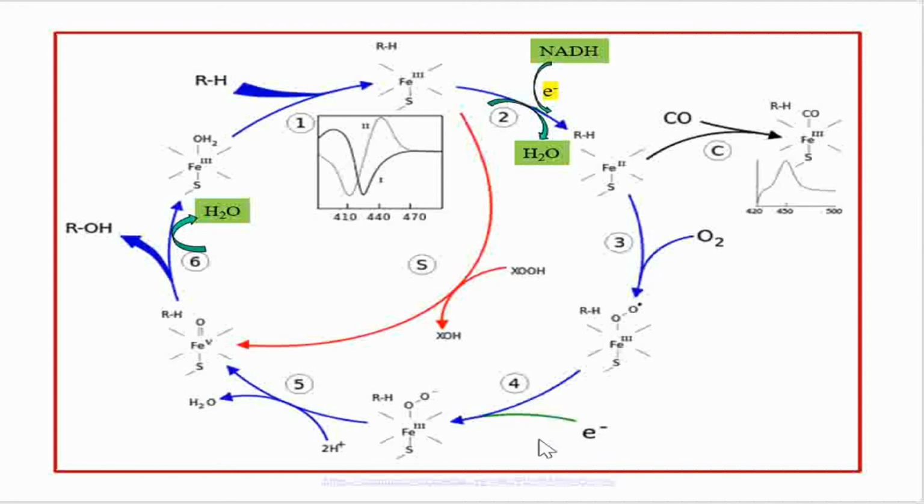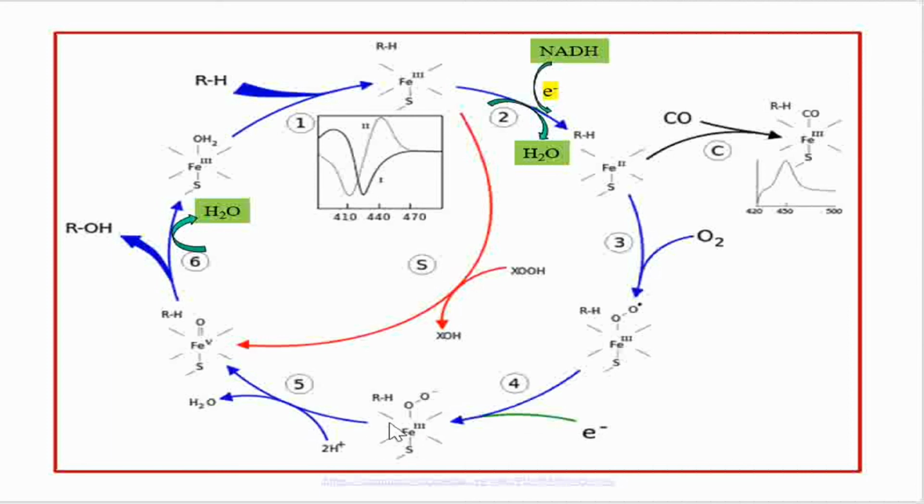So the protonation and reduction lead to the cleavage of this oxygen-oxygen bond, so that one water molecule can be formed. 2H and one oxygen from this oxygen molecule come together. So this reduction and protonation leads to the cleavage of the oxygen-oxygen bond, so that the formation of H2O takes place.